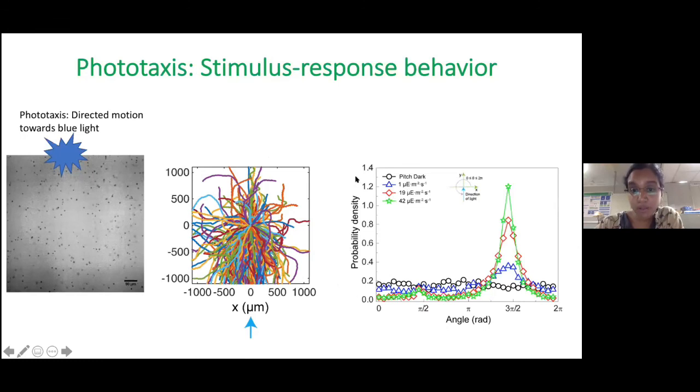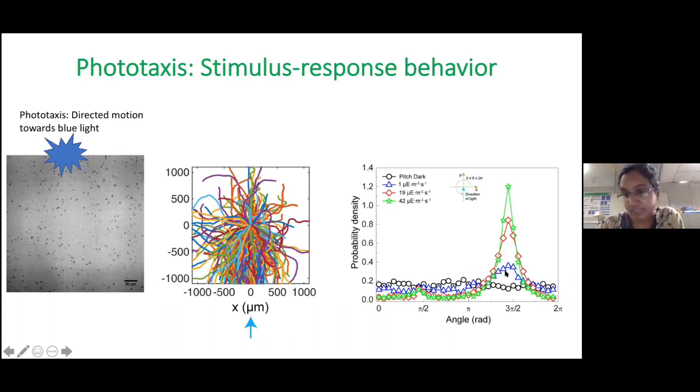So if you plot the probability density as a function of polar angle for these trajectories as a function of light intensity, you will see that for pitch dark, the probability density is flat. That means the cells have equal probability to run in any direction.